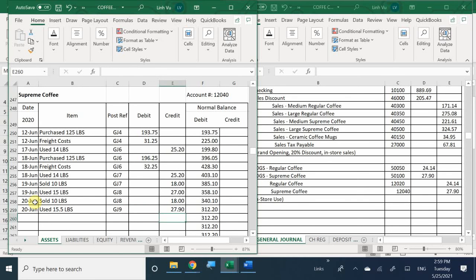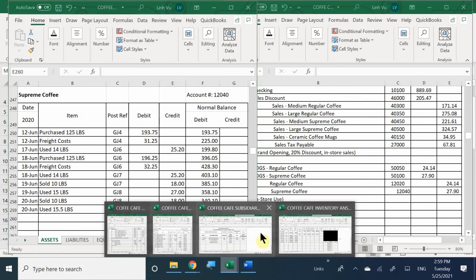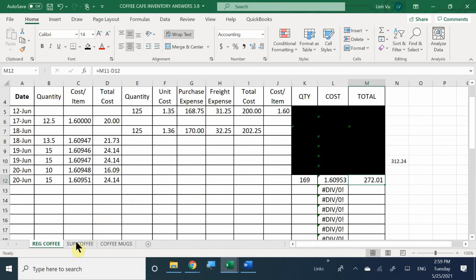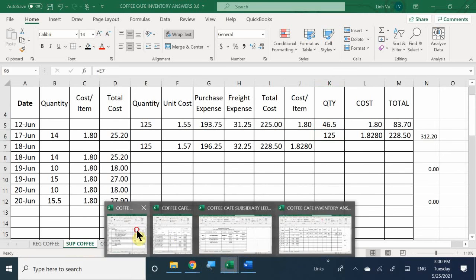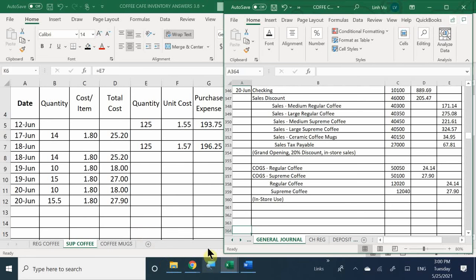You can also check this on the inventory worksheet. I don't remember what's on my inventory worksheet. So let's see. At the very bottom, I ran a total. Right here. There it is. 312.20. Good. That means, once again, we are doing good so far.